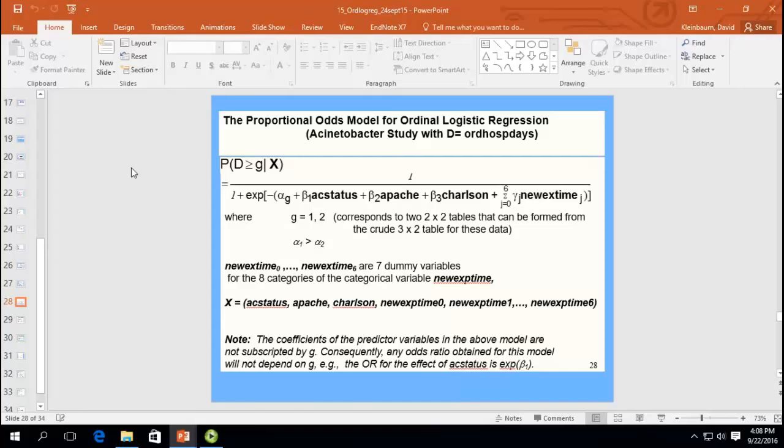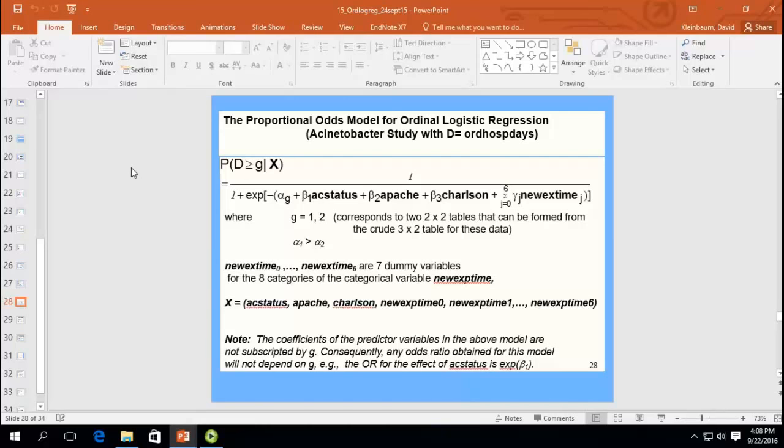The null hypothesis for that test, which is a chi-square test, is that the proportional odds model you're specifying, like this one, is suitable. It satisfies the proportional odds assumption, and you can use this model. The alternative hypothesis is that this model is not appropriate.